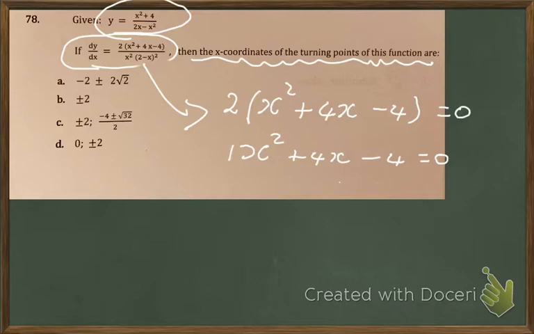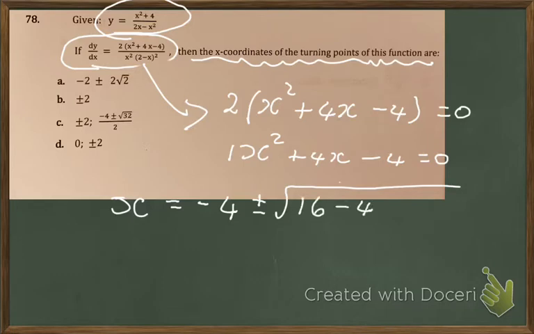Of course, the coefficient of x squared is 1, and so x is equal to minus b plus or minus the square root of b squared, which is 4 squared, minus 4 times 1 times minus 4, divided by 2a, which is divided by 2.